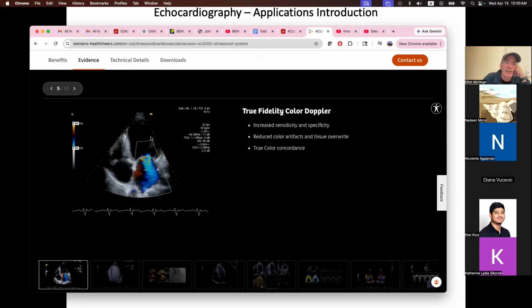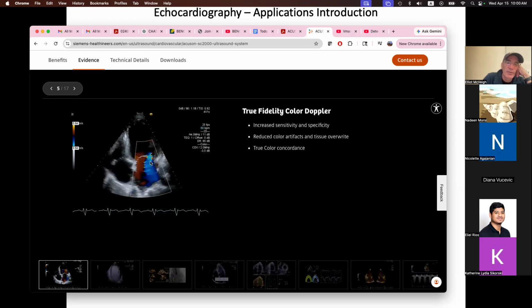So here's a classic Doppler shot where the blood is going up. So this is left ventricle here, right? So this is the left ventricle here and the left atrium.